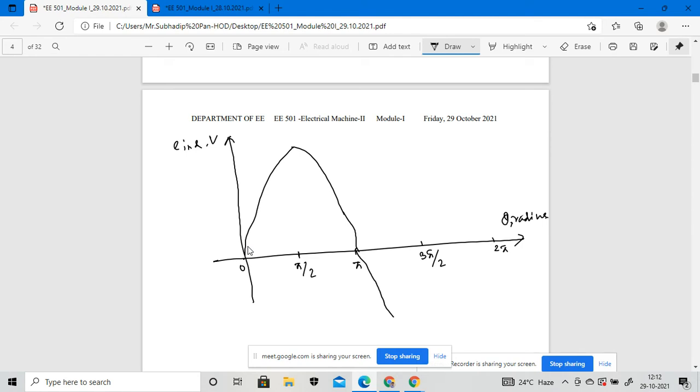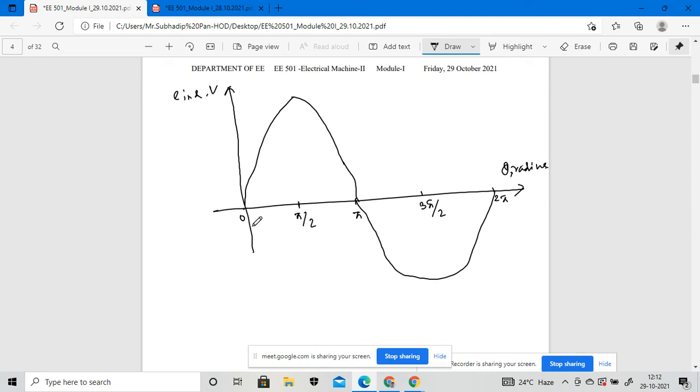So this figure signifies the plot of the E induced voltage, that means whatever voltage is induced, versus theta.